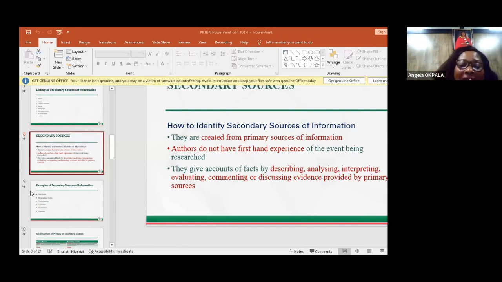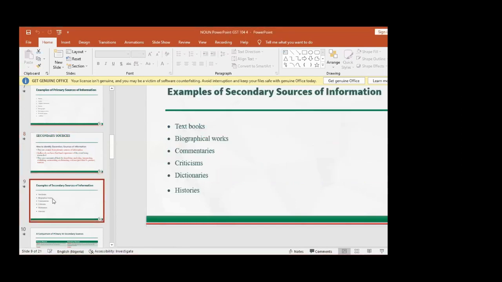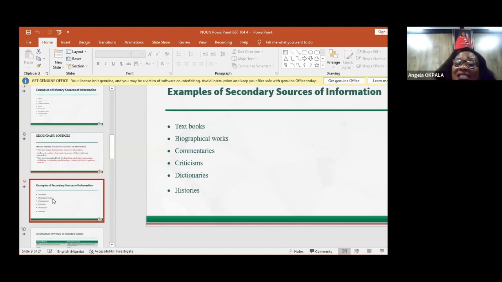So we have example sources where you will have secondary sources of information. For instance, most of the textbooks you have are not primary sources of information. I will say all textbooks, even your course material, are not in the original form.